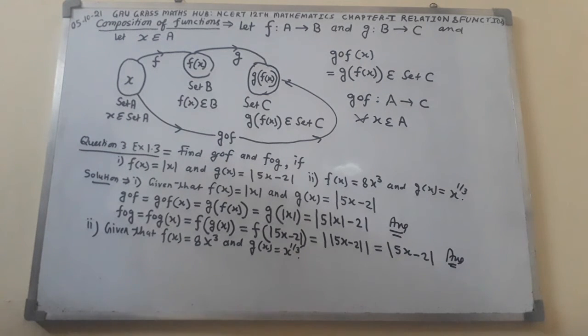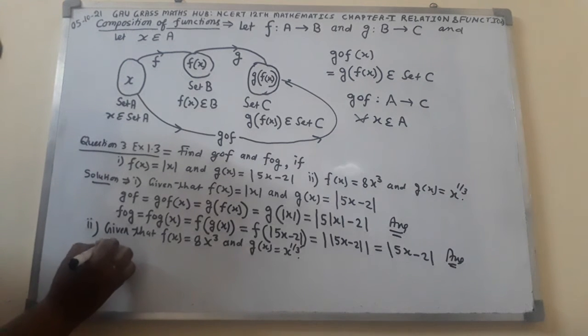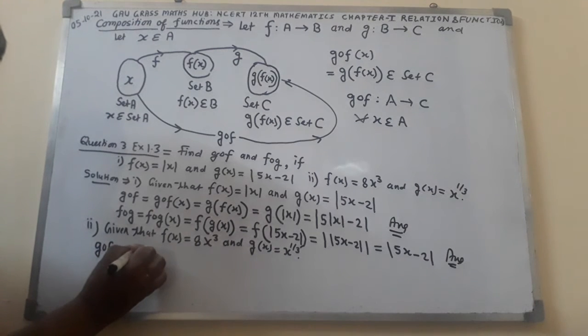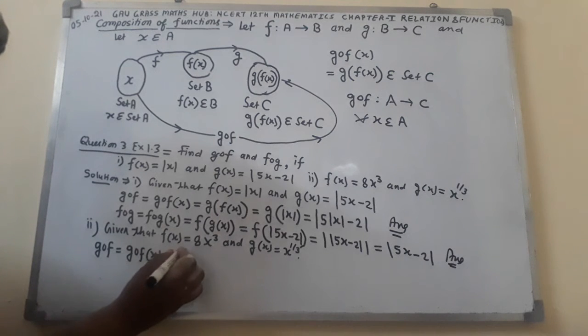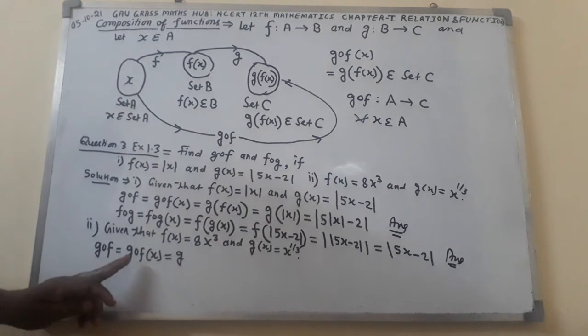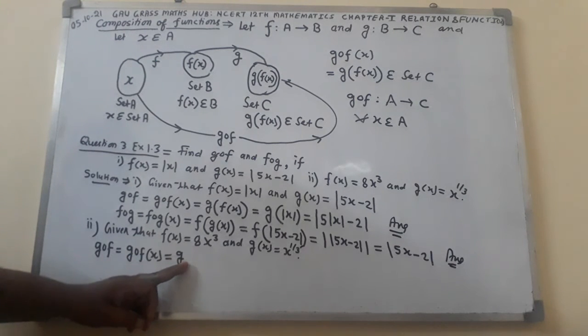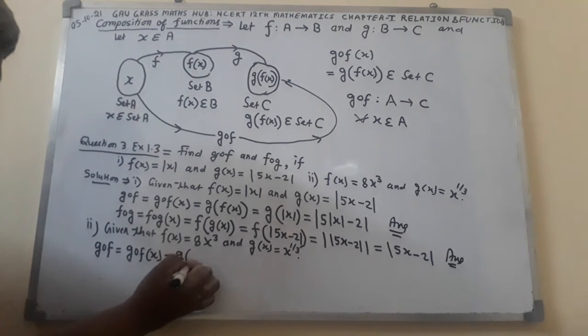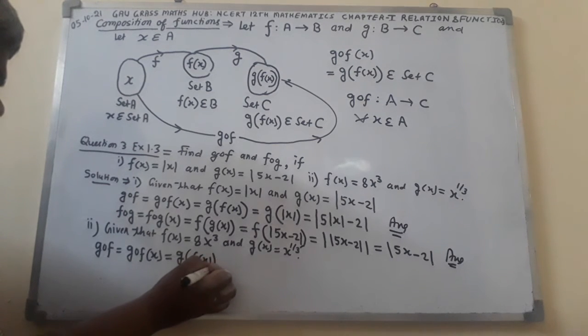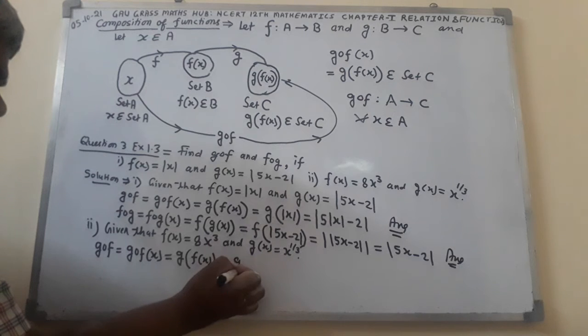Now again we have to find out g of f. So here write g of f equal to g of f of x, comes out to be g, in place of o, we shall write opening of circle bracket, write here f of x, equal to g.